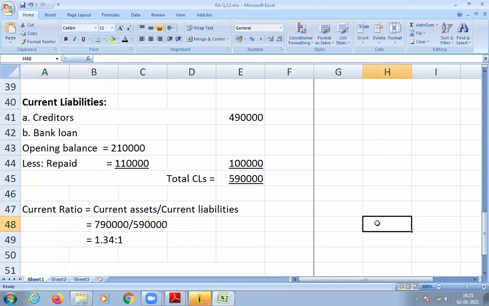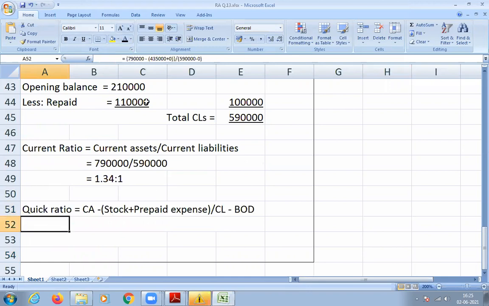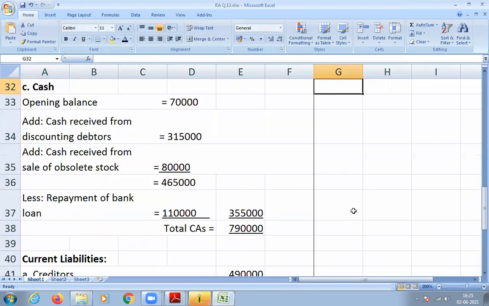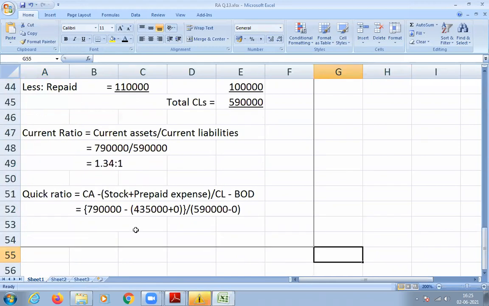Okay, then quick ratio. They are not asked on the image, but we will calculate both. Quick ratio: you will see any changes. The total asset is 7.9 lakh. In that, the new stock we are going to consider. New stock is 4,35,000, that is minus. Then divided by the current liability.